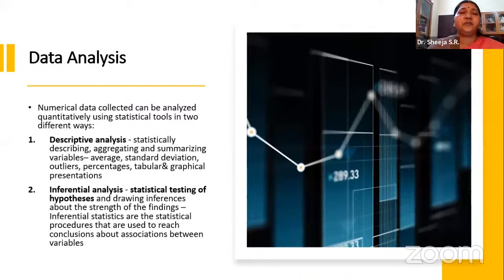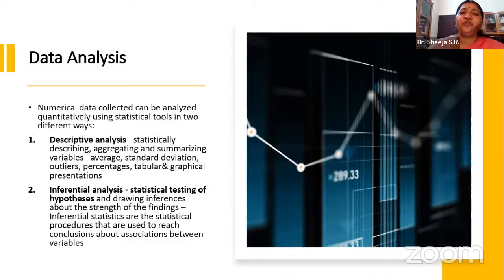We will be calculating the average, standard deviation, percentages, growth rates, or something like that. Otherwise, we may be making tabular or graphical presentations. All these come under descriptive analysis.